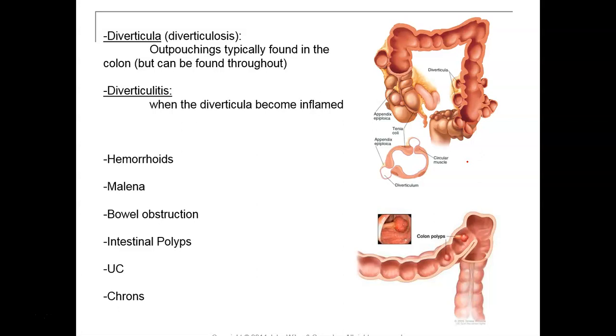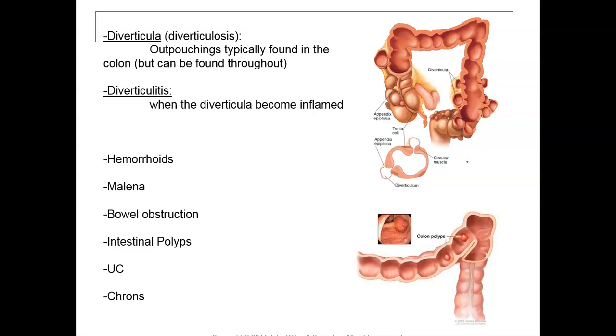Diverticula aren't painful. They're just outpouching throughout the colon. If you have diverticula, that's called diverticulosis. Again, diverticulosis is not problematic in and of itself. That's not painful. When they become inflamed, irritated, painful, that's called diverticulitis.